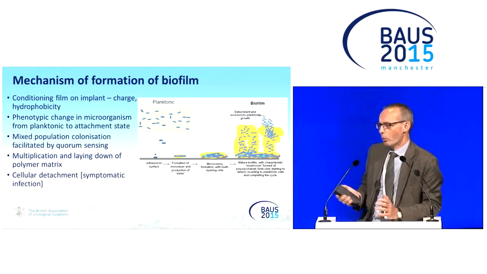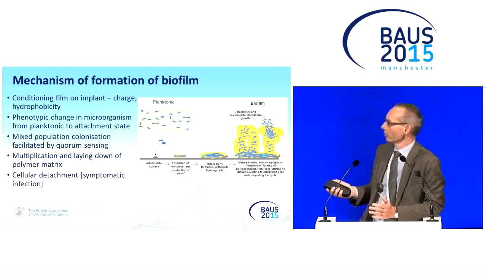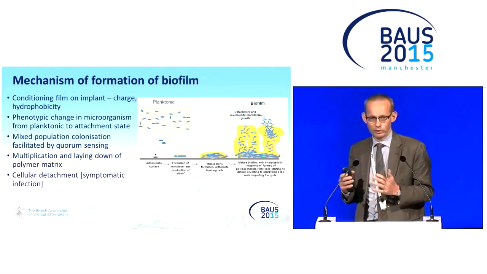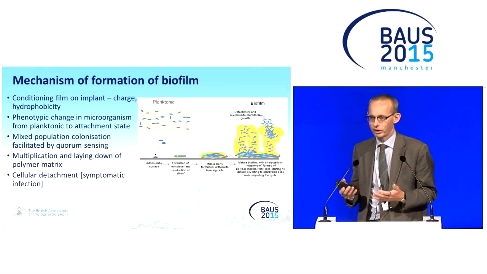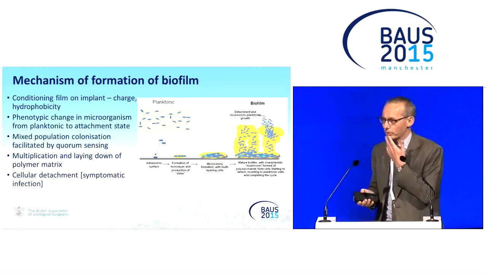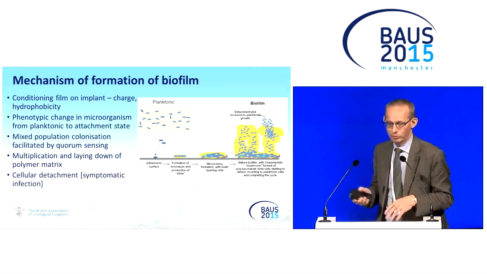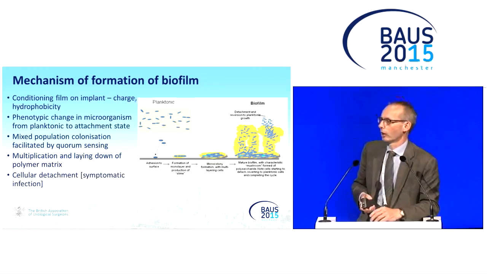It's quite well characterized now how these biofilms develop, and it's the same principles for all those biofilms I've just illustrated, whether they're on prostheses, on our skin, or lining the cells of our gut, our throat or our respiratory tract. Anything exposed to the environment is going to get a biofilm onto it.